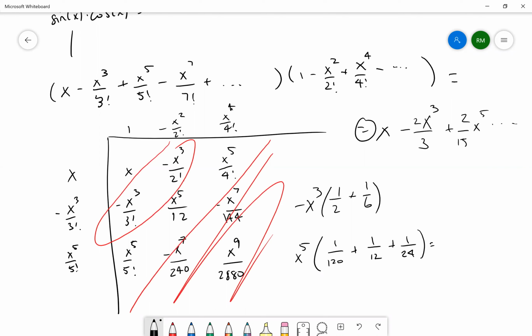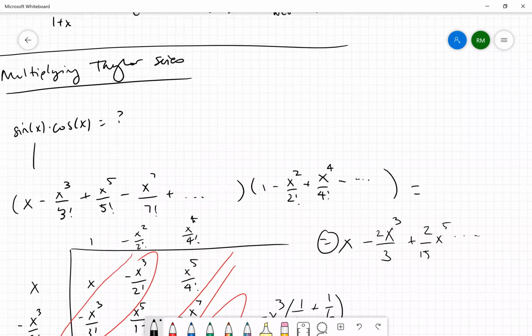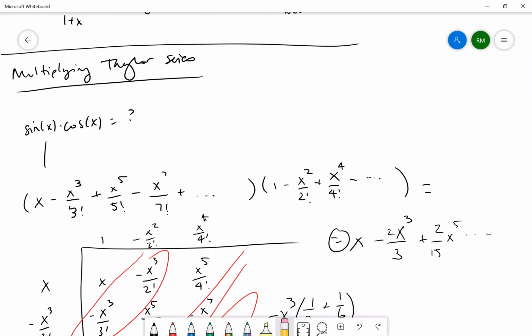All right, so how do we determine what series this is? What this is telling me is that the first few terms of the series are x minus 2x cubed over 3 plus 2 over 15 x to the 5th.